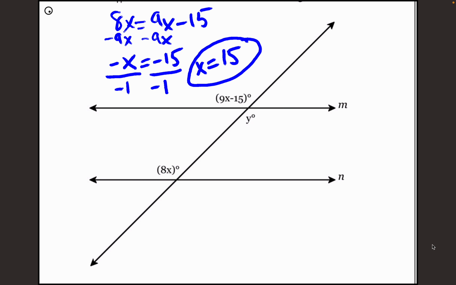All right, and then how can I figure out y? Okay, we can do that. Or what can we say about 8x and y right here?